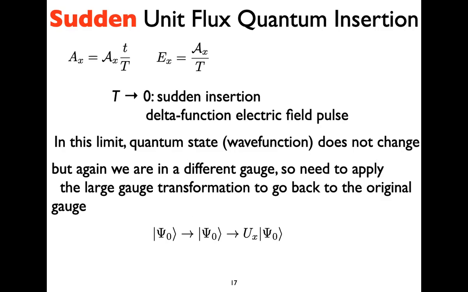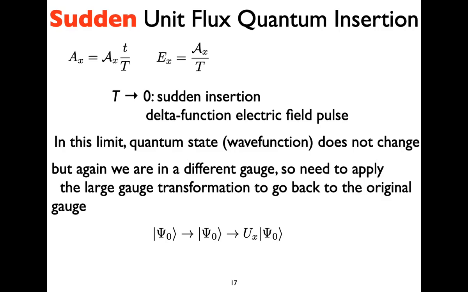So the wave function remains the same, but the Hamiltonian changes. But one subtlety is that if you insert a unit flux quantum, the wave function does not change by inserting the flux, but you move to a different gauge. So in order to really compare the initial state with the final state, you need to apply this large gauge transformation.